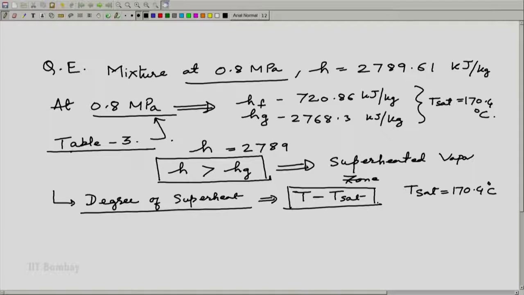So, what I have to find out is, at H is equal to 2789, what is the value of T? That is what we want to see. What we know is H, and we also know P is equal to 0.8 MPa.